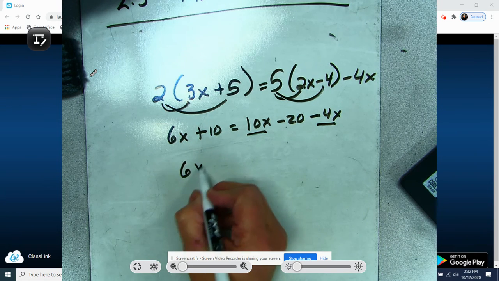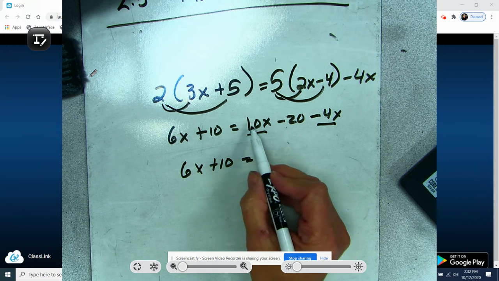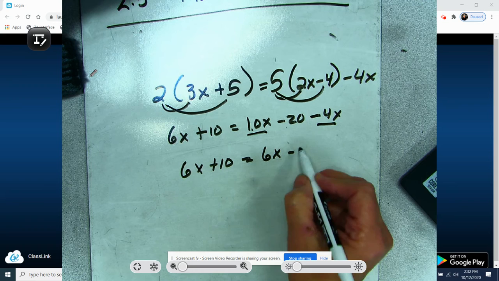So I have 6x plus 10 equals 10x minus 4x is 6x minus 20.